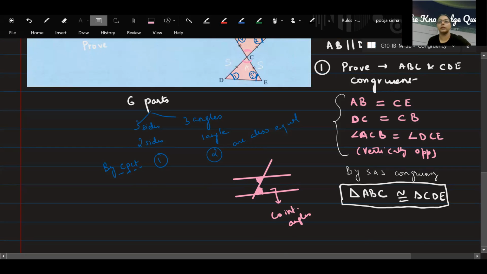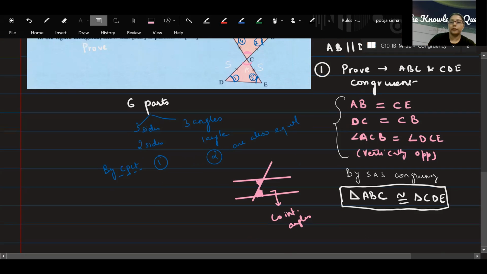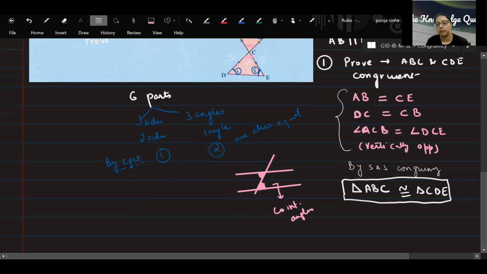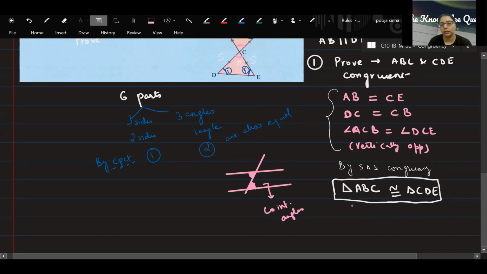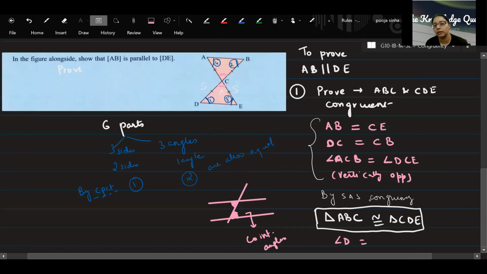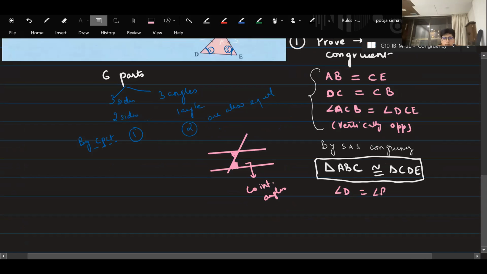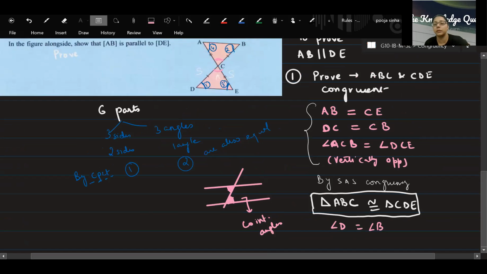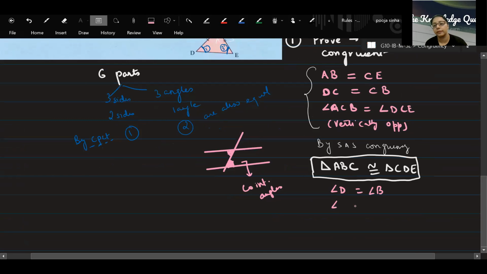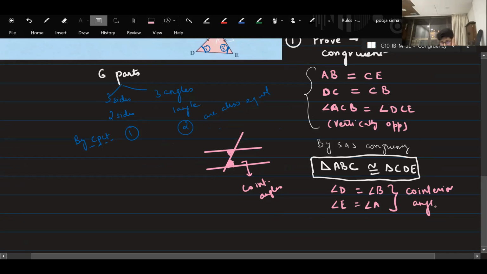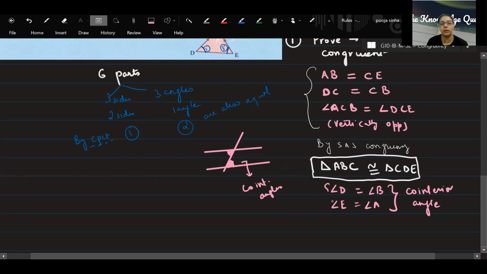So from here, I can say that angle D is equal to angle B, and also angle E is equal to angle A. This is only possible because they are co-interior angles. These two I said they are equal by what?